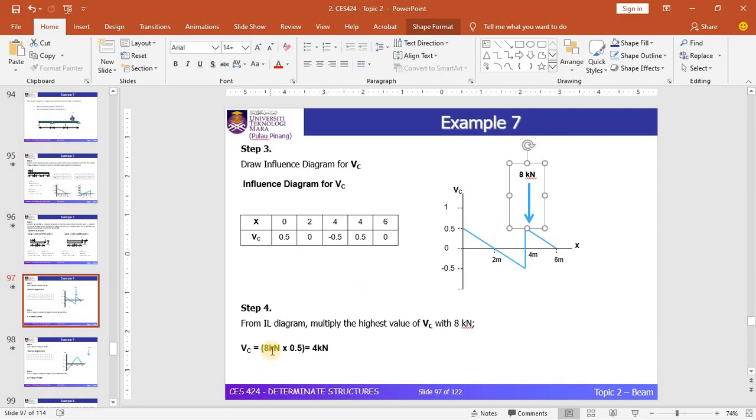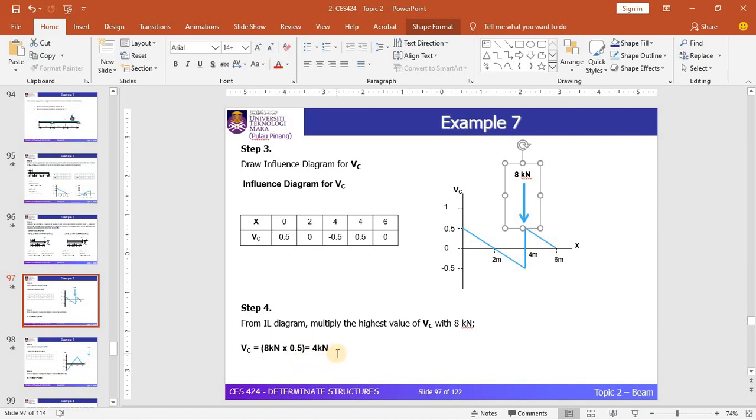You can obtain the maximum value of shear force by multiplying the 8 kilonewton with the maximum factor that we have identified in this diagram, which is 0.5. This gives a shear force equal to 4 kilonewton.